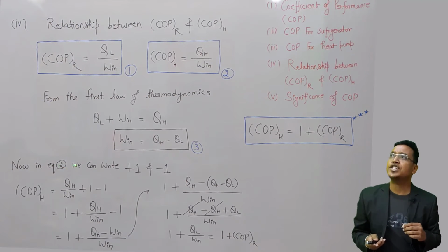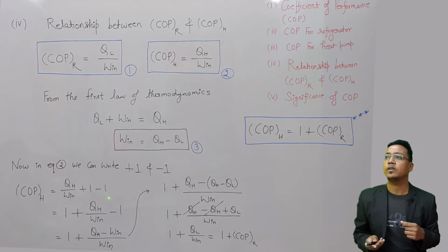Now in equation number 2, we can add plus 1 and minus 1. So COP of heat pump we can write as QH divided by WIN plus 1 minus 1. So we can write 1 plus QH divided by WIN minus 1.